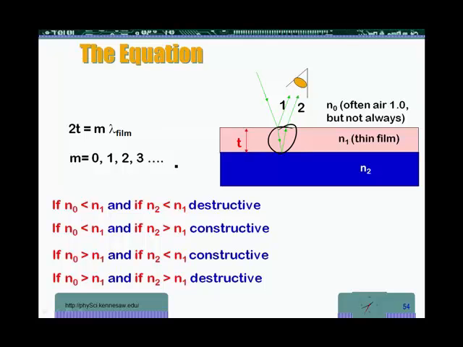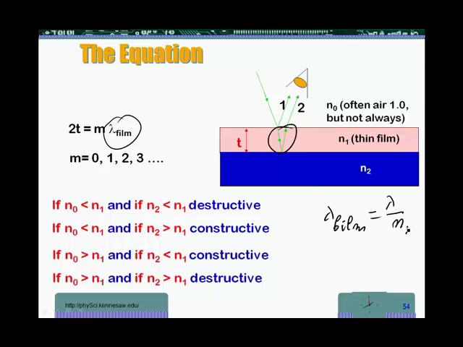Now, what are the different cases? First, before getting into that, remember that lambda is actually lambda within the film, the wavelength of the light within the film. And remember, lambda within the film is going to be lambda in vacuum over n of the film.